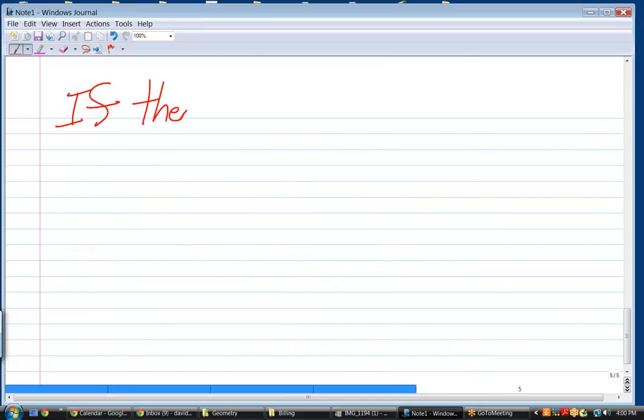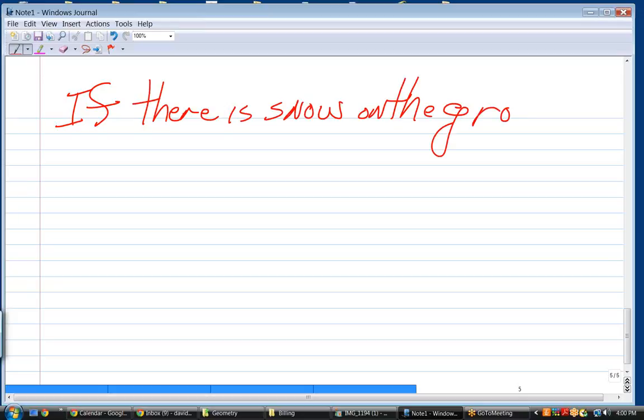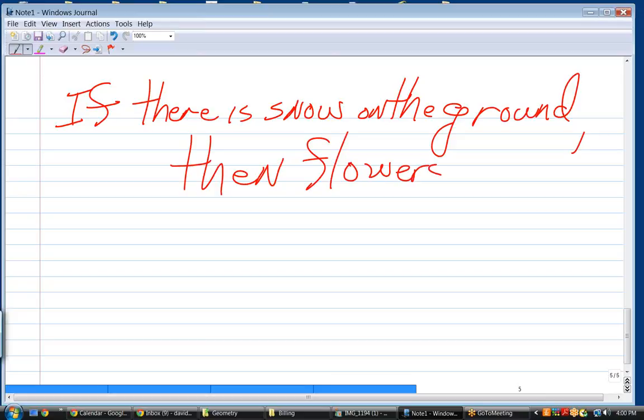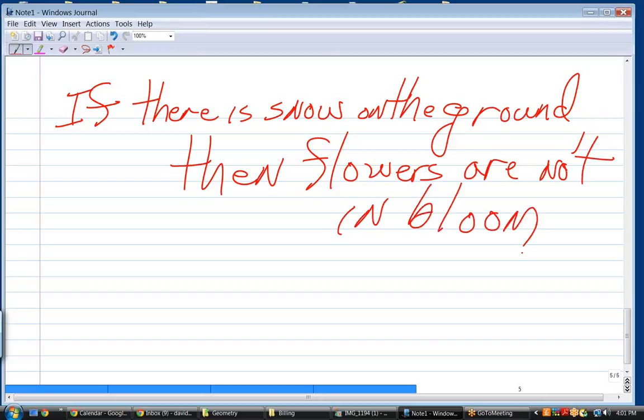If there is snow on the ground, then flowers are not in bloom. Okay, so that's the original.